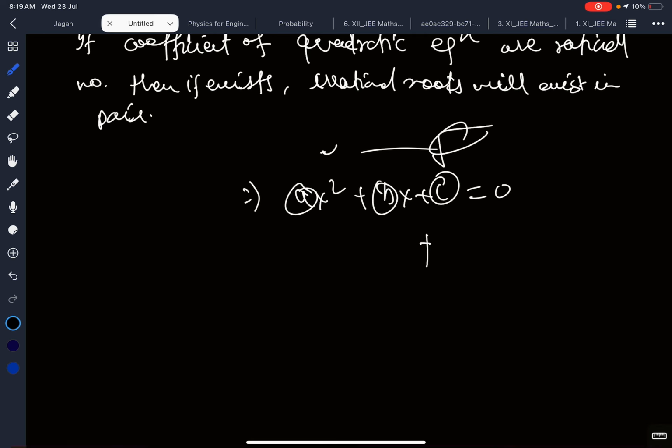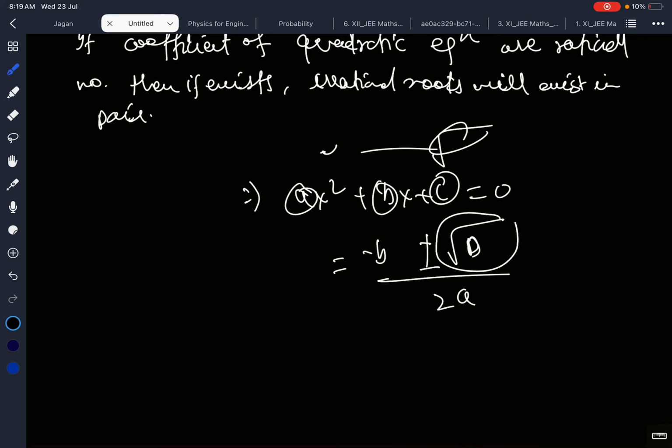So what does that signify? We write the root as minus b plus minus root D divided by 2a. This portion, minus b, will be rational, and these are again rational.